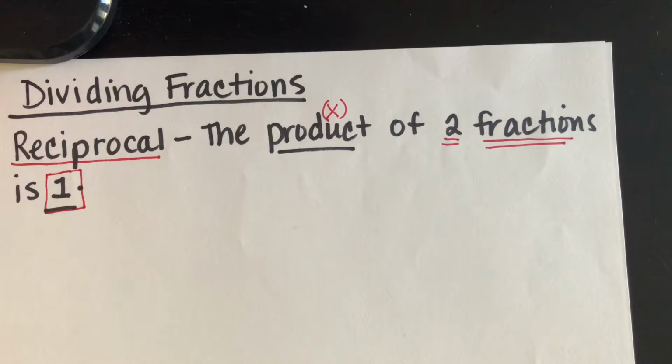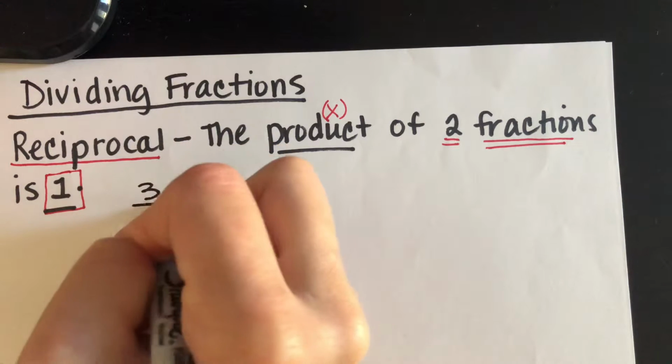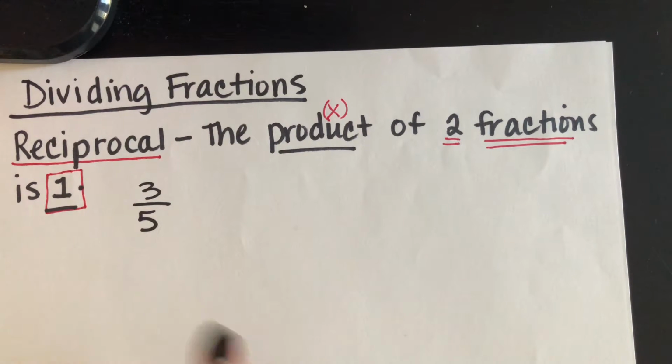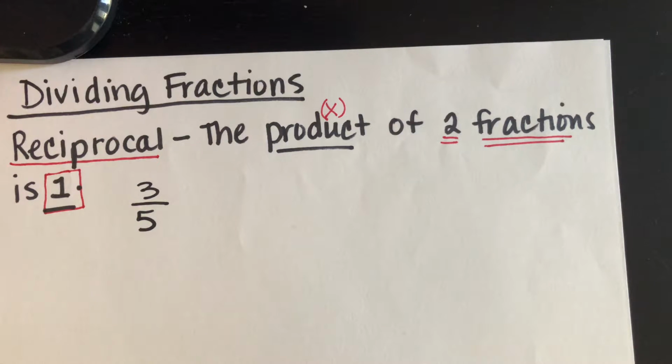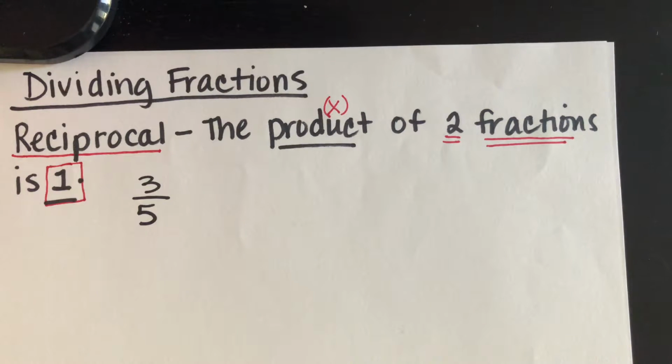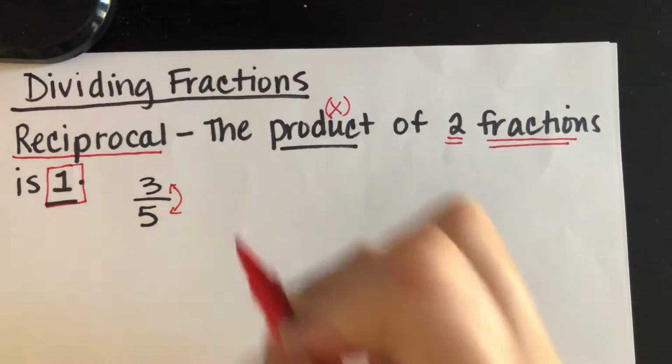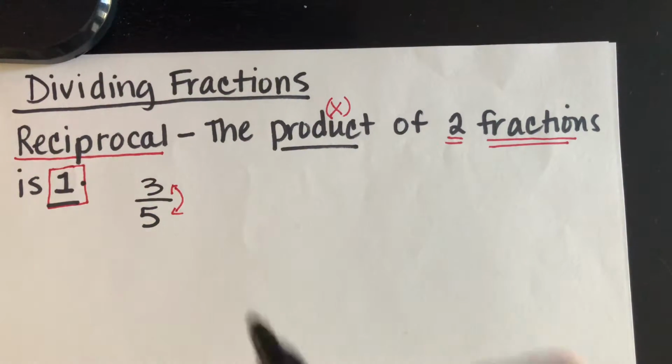So let's just take a look at what that means. If I have the fraction 3/5 and I ask you to find the reciprocal, because the product has to equal 1, we basically will just flip it around. 3/5 becomes 5/3.